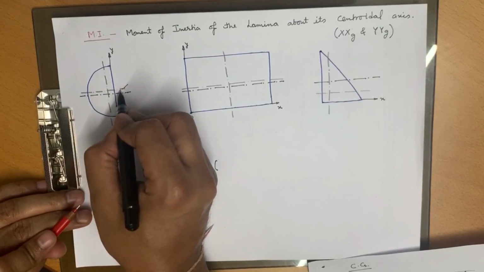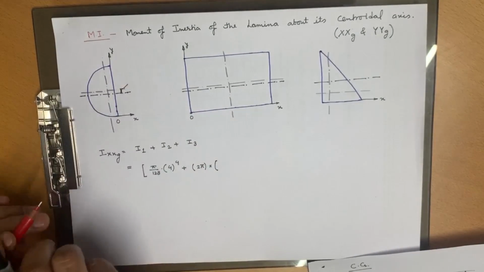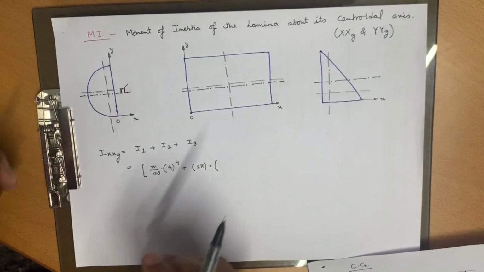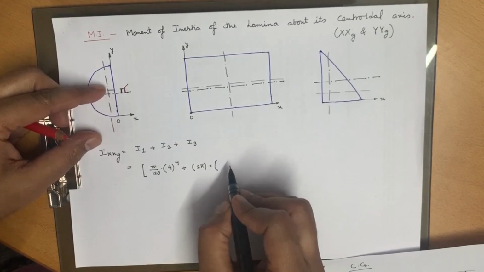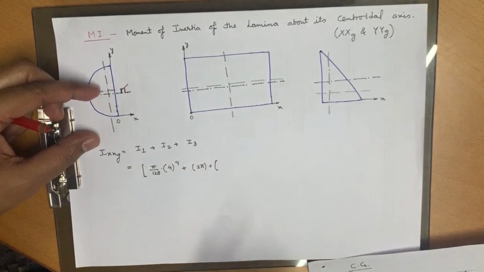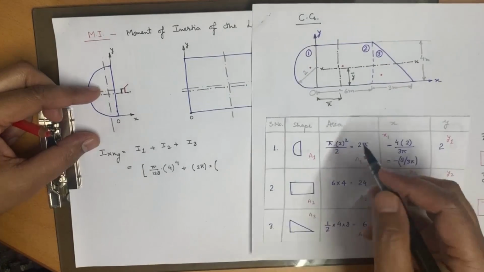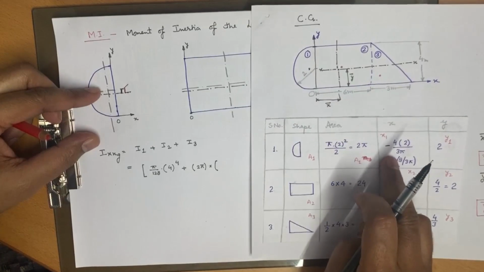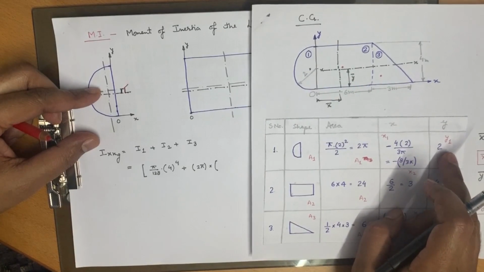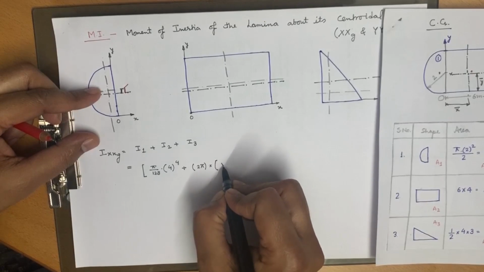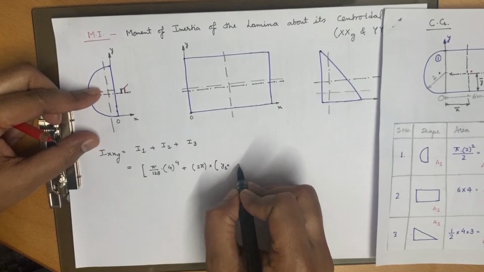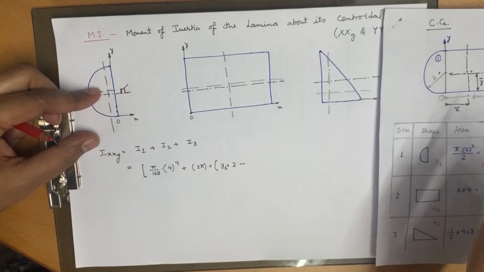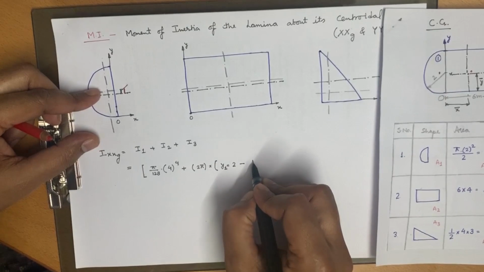The distance is from this to this, and this is y1. And what is y1? 2 minus y bar.